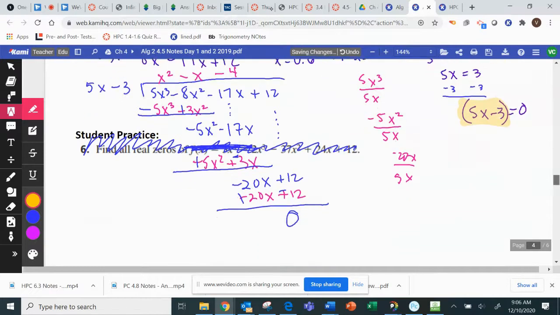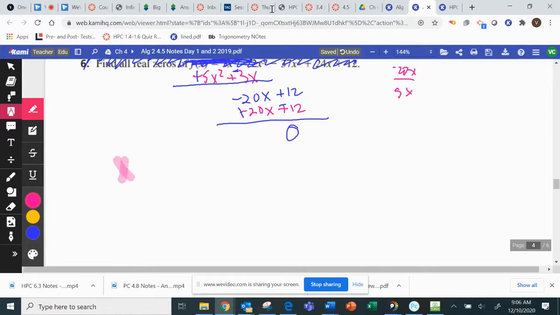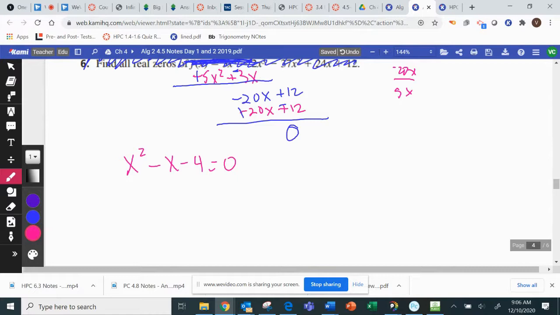And now we have a quotient, x squared minus x minus 4. And we say, is that quadratic? Yes. So once you get to it being quadratic, now we can solve it the rest of the way by a different method.